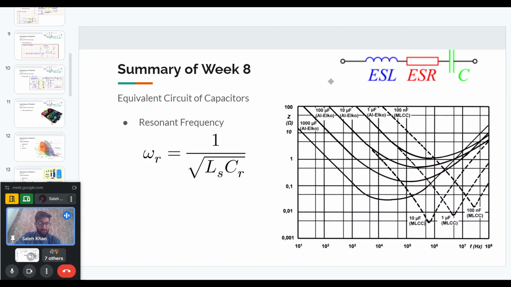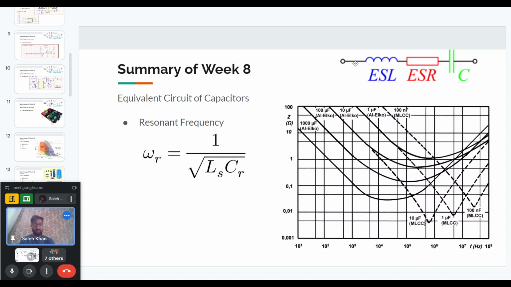Before this resonant frequency the capacitive nature of the capacitor will be dominant, and after the resonant frequency, if we go beyond this frequency, the inductive nature will be dominant. So effectively the capacitor will behave like an inductor beyond the resonant frequency.